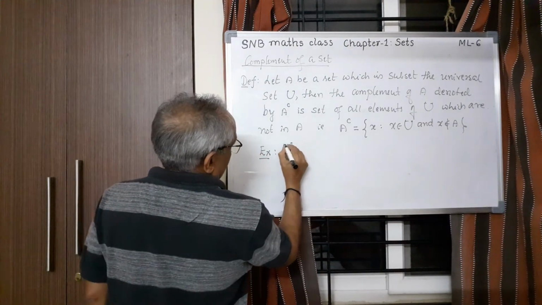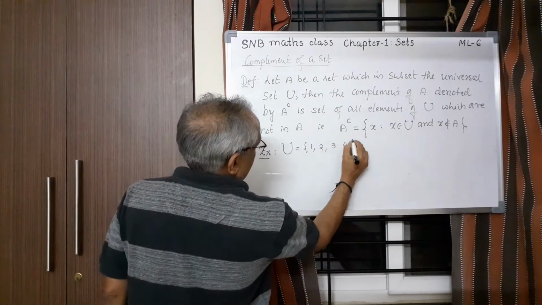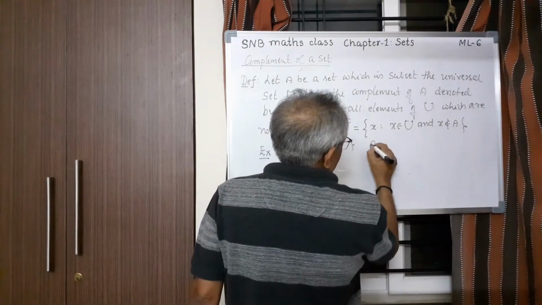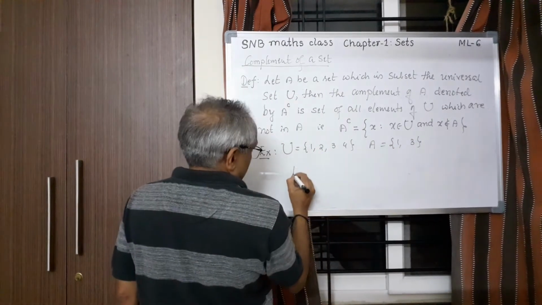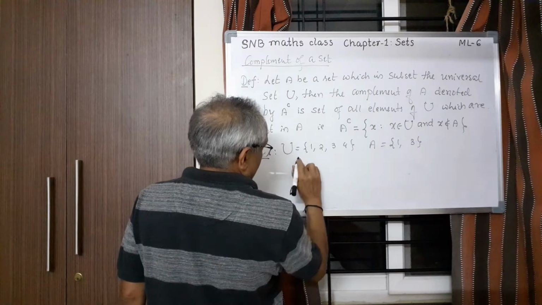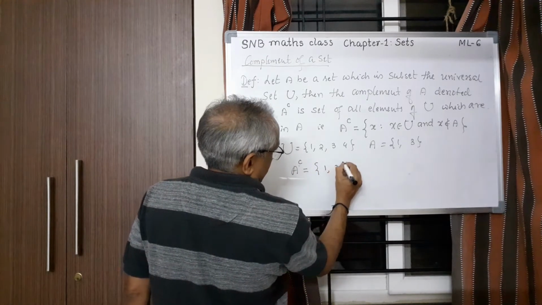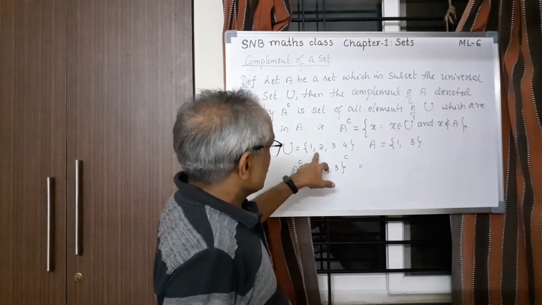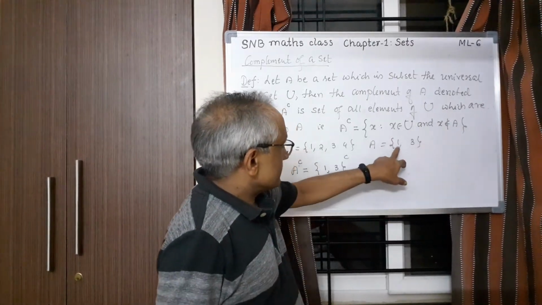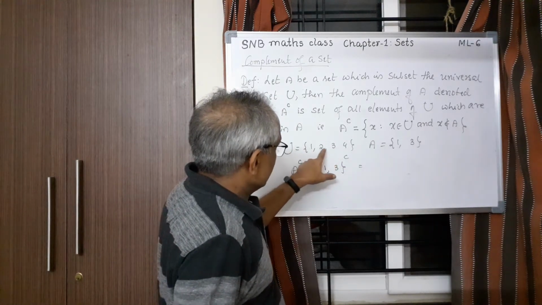Say U equal to, let us say, {1, 2, 3, 4}, and A equal to say {1, 3}. Then A complement equal to, first you have to write {1, 3}, then its complement. Now the definition says it should be in U, it should not be in A. So 1, 3 are in A, therefore you have to exclude 1 and 3. Therefore remaining is 2 and 4.